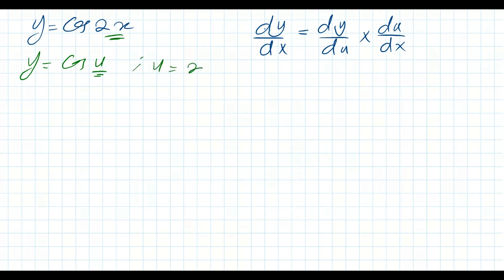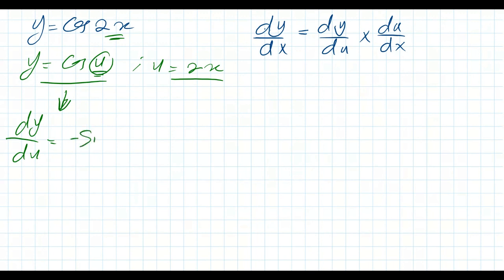You differentiate each equation. From the first, with respect to u, dy over du equals negative sine u. And du over dx, differentiating with respect to x, becomes 2. After that, putting them together, instead of u you put the value of u, which is 2x.